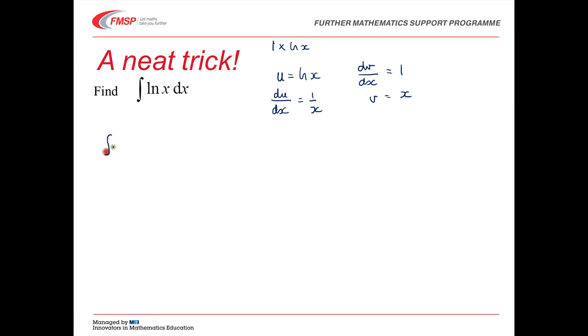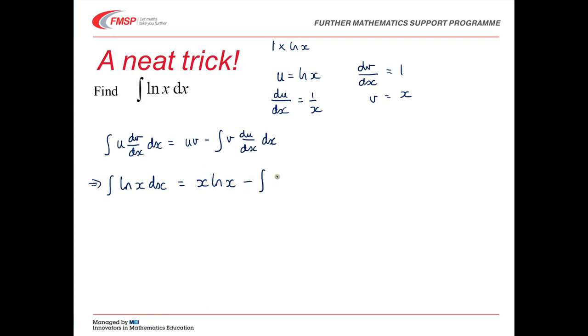So, integral of u dv by dx equals uv minus integral of v du by dx implies that the integral of 1 times log x dx is uv, that's x log x, minus the integral of v times du by dx, x times 1 over x, well that's just going to cancel out.